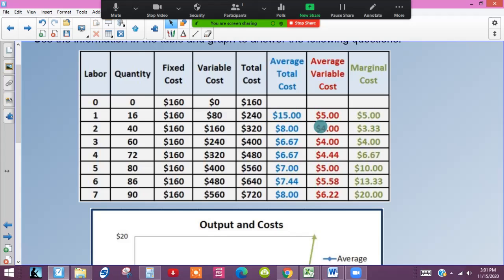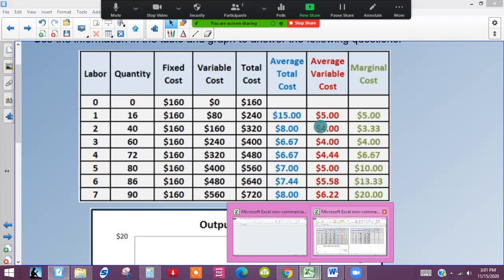Now, the marginal cost here is a little bit more tricky because you don't have quantity just going up by 1. You've got quantity going up 16, 40, 60. So let me jump back over to the spreadsheet.